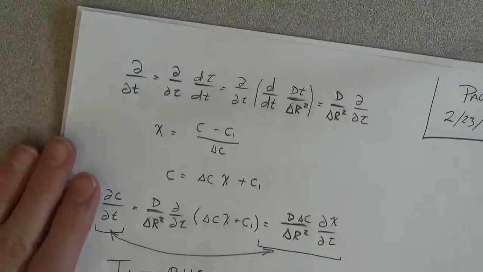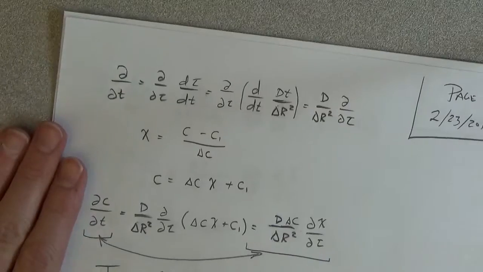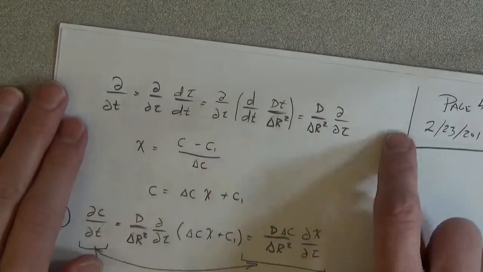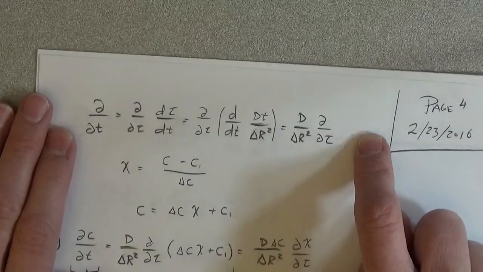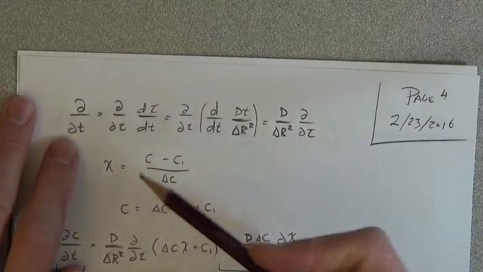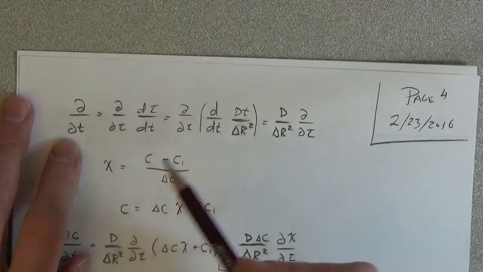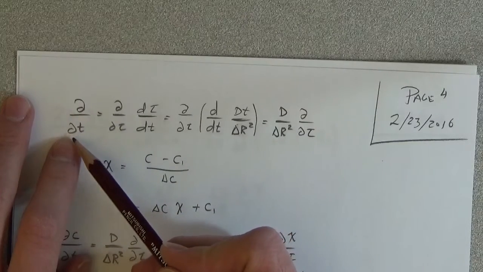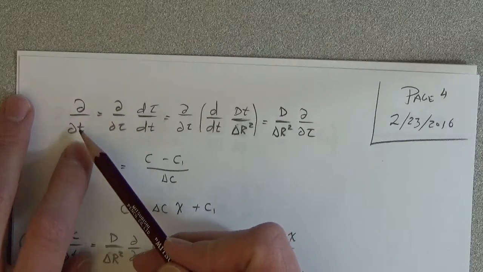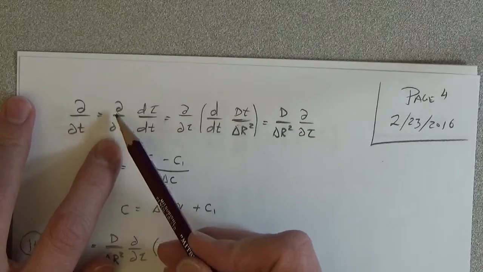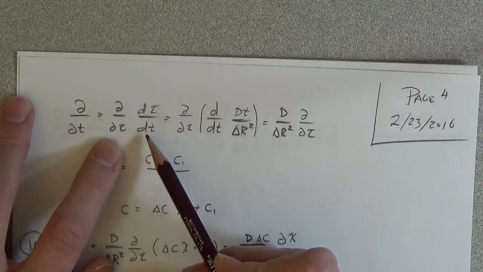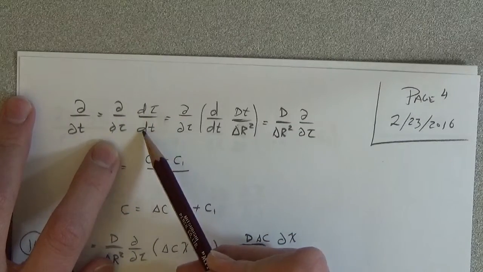So we have to take our differential equation and transform it into a problem that's appropriate for this. And we saw how to do this in problem 1. Basically, we're going to have to take all the parts of the differential equation and rewrite them in new coordinates. So here's the partial derivative in time. That d by dt can be written as d tau by dt times d by d tau. Notice these are partial derivatives, these are total derivatives.